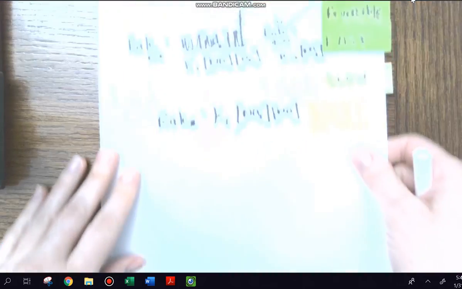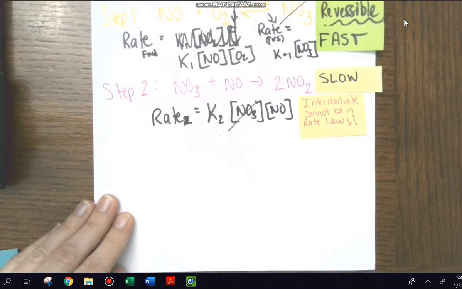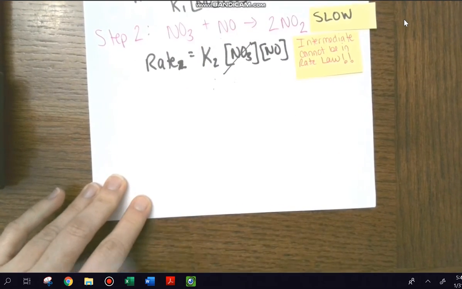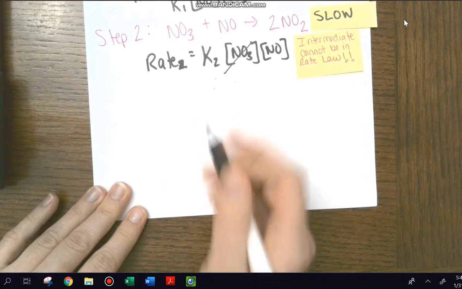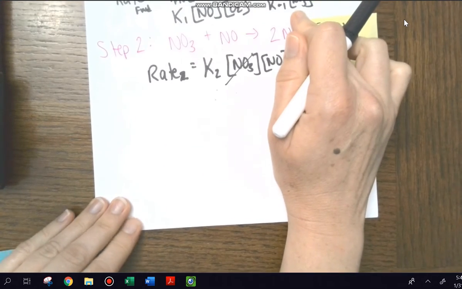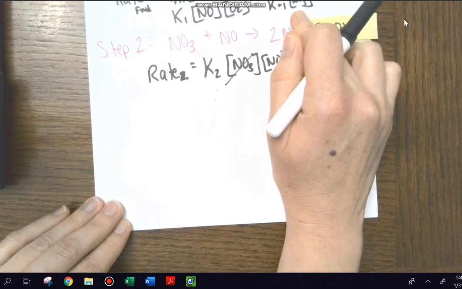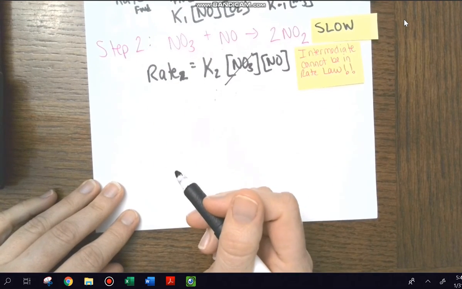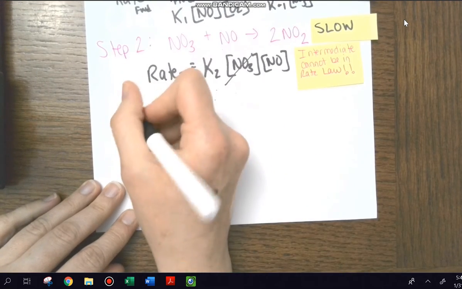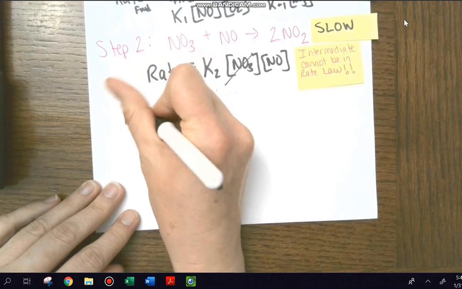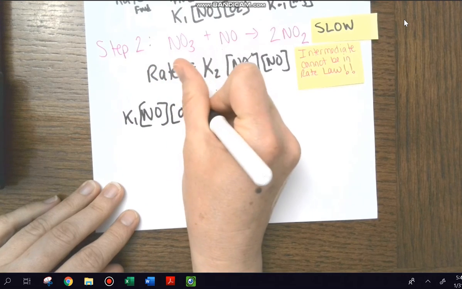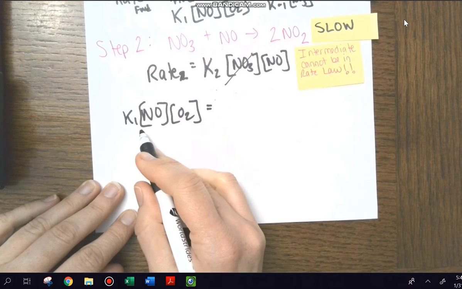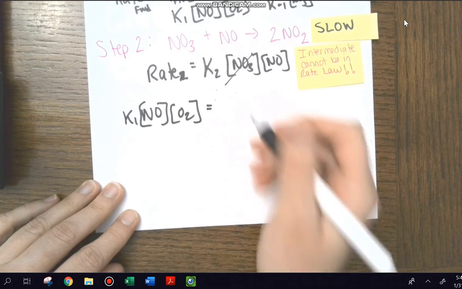So what I need to do, and I'm sorry this is taking so long, guys, I just wanted to show you this. What I have to do here is take the rate of my forward and the rate of my reverse. So I say that the rate of my forward is equal to the rate of my reverse.